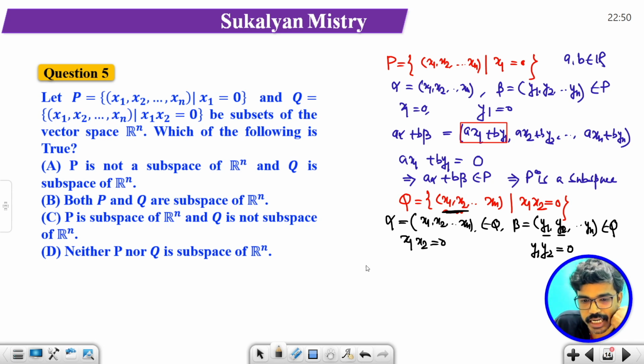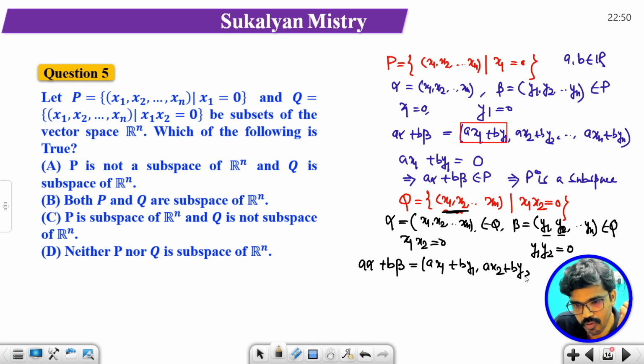So what is our target? a alpha plus b beta, if we can prove a alpha plus b beta belongs to Q. So a alpha plus b beta, এটাকে a দিয়ে মাল্টিপ্লাই করো, এটাকে b দিয়ে মাল্টিপ্লাই করে অ্যাড করো, that is ax1 plus by1 dot dot, next হবে ax2 plus by2 dot dot axn plus byn.